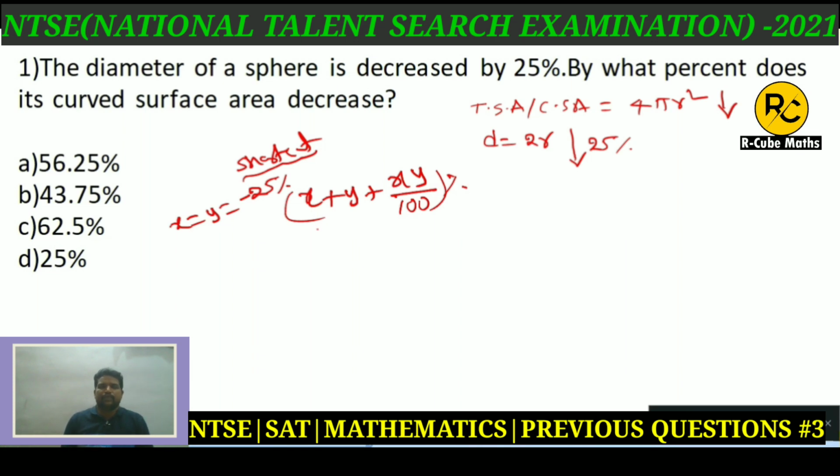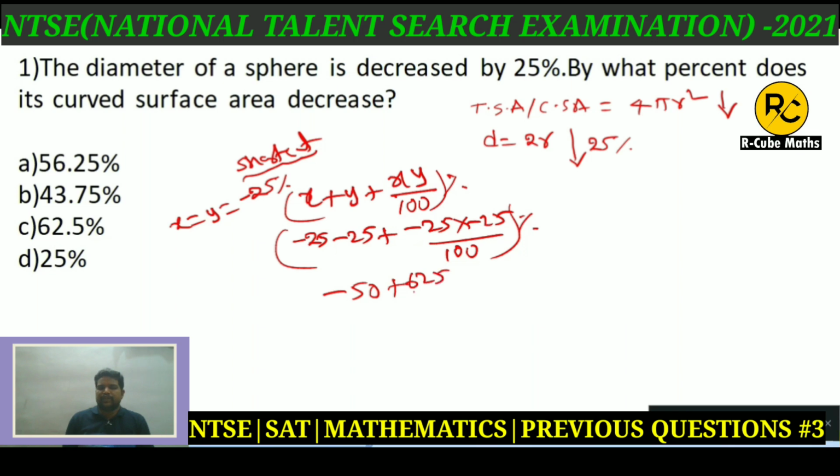Now substituting in this formula, x is minus 25 plus minus 25 plus minus 25 into minus 25 upon 100. So here minus 50, and minus into minus becomes plus. 25 square is 625 divided by 100.